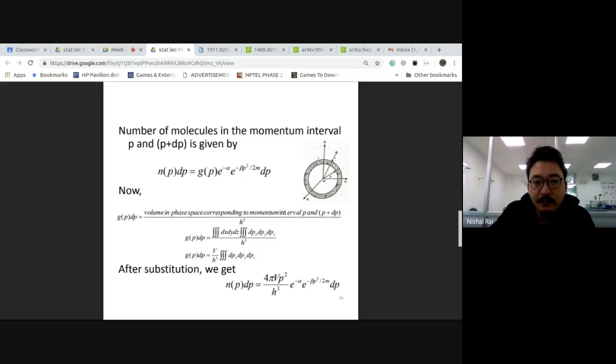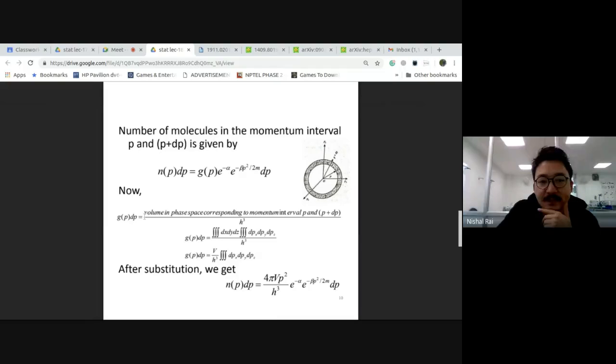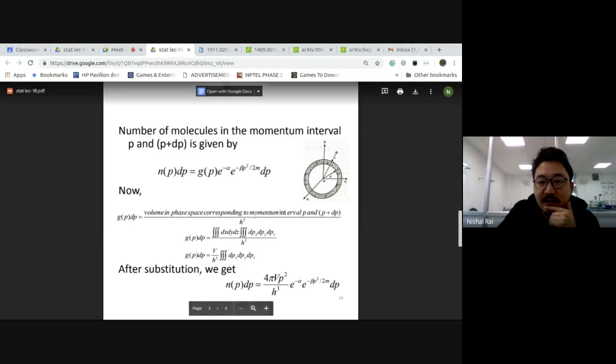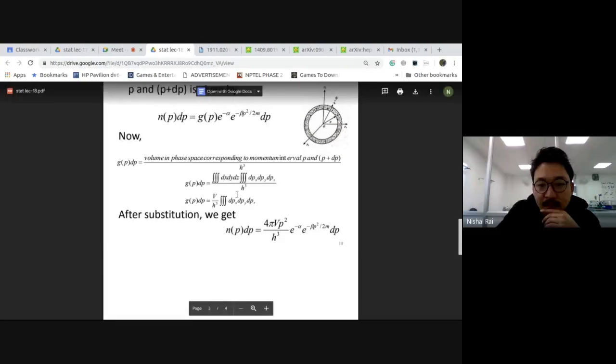Clear? Now how to determine g_p? Now g_p dp was what? Your number of cells in that small band. If you all remember, we determined it previously, which was basically given by the volume of phase space divided by h cubed. Do you all remember? From which we got exactly this expression for g_p dp.